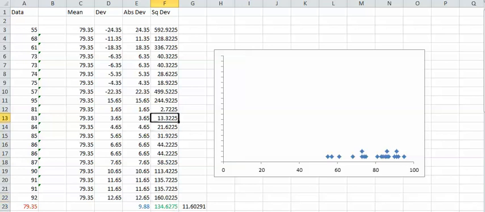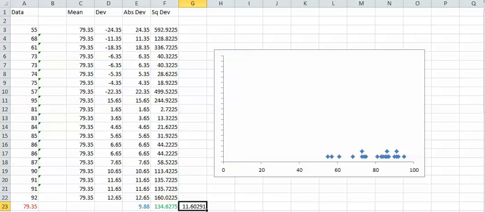So the fact that this squared deviation went up from 5.5 up to 244 meant that our variance went up right here. And when the variance goes up, the standard deviation goes up along with it, because the standard deviation comes right from the variance.